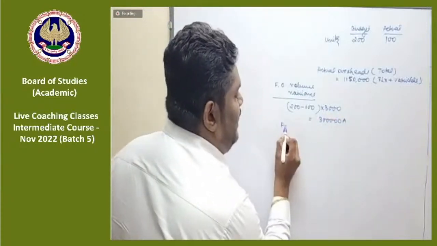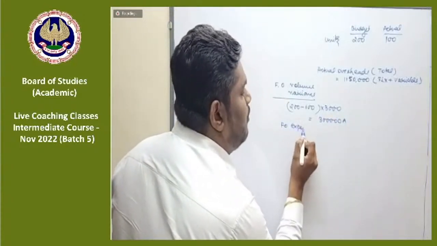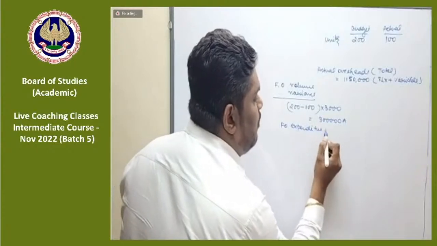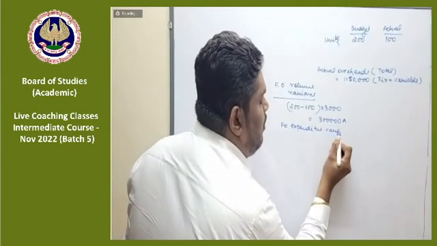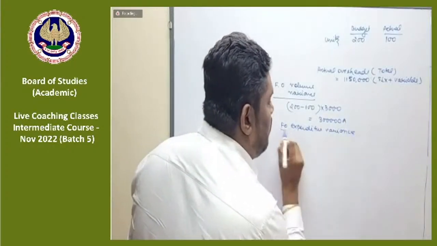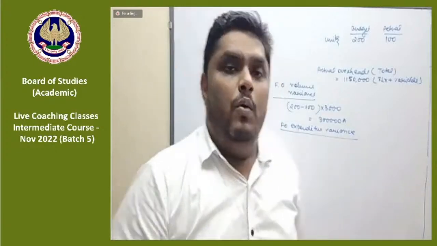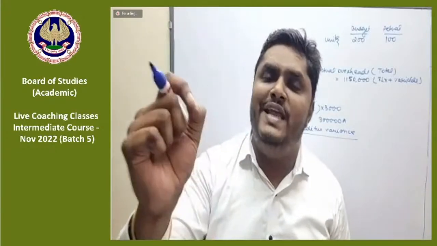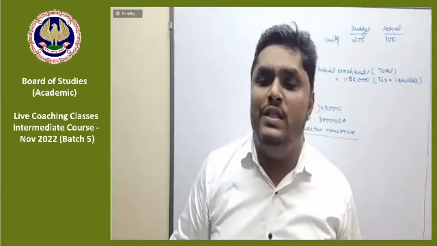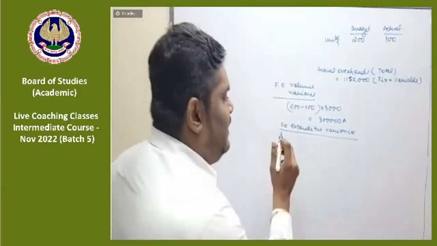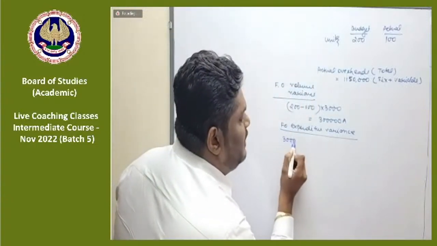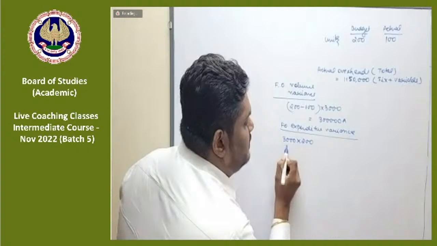Next is fixed overhead. When talking about expenditure variance, fixed overhead remain constant. So here in my fixed overheads, budgeted fixed overheads are 3000 into 200 units.